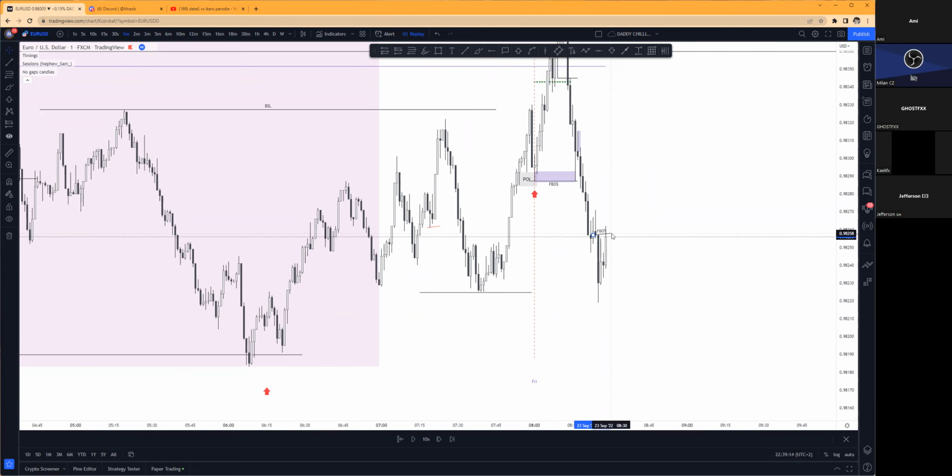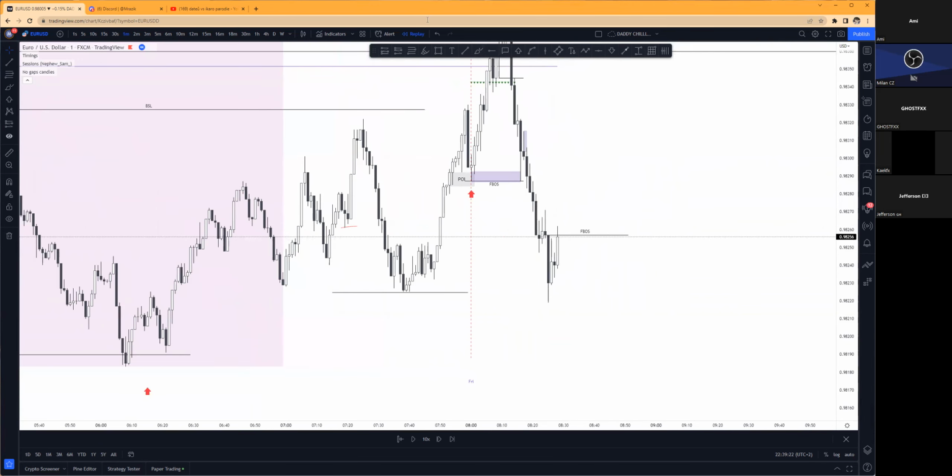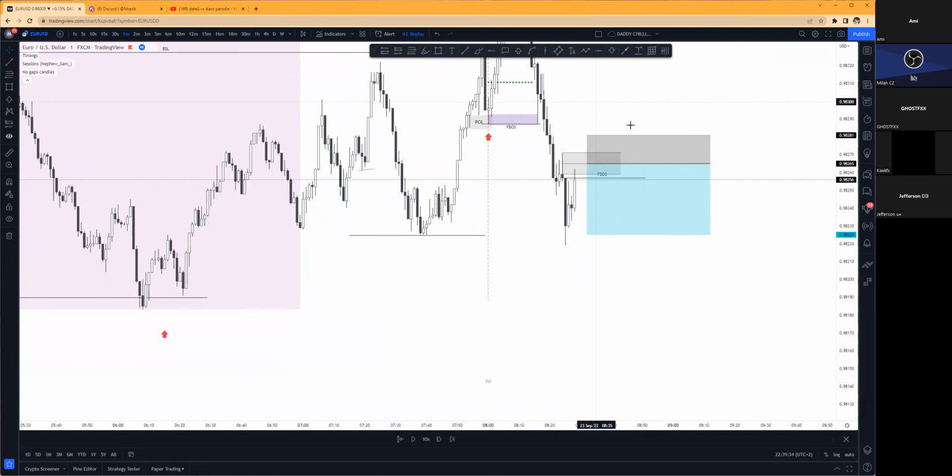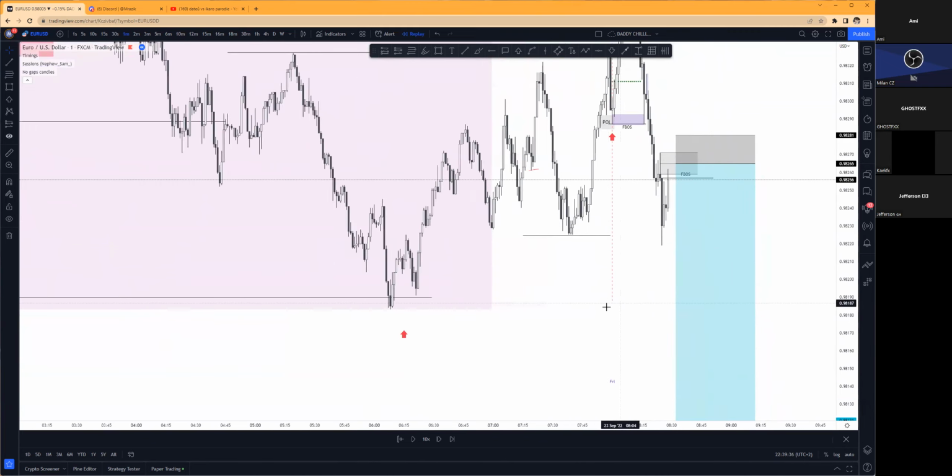And this would be the fake BOS actually. And what I do, I would just sell from it and see what happens. But even this way could be inefficient for me. So I just put a sell here and stop loss above the previous high, and just hope for price to go lower.